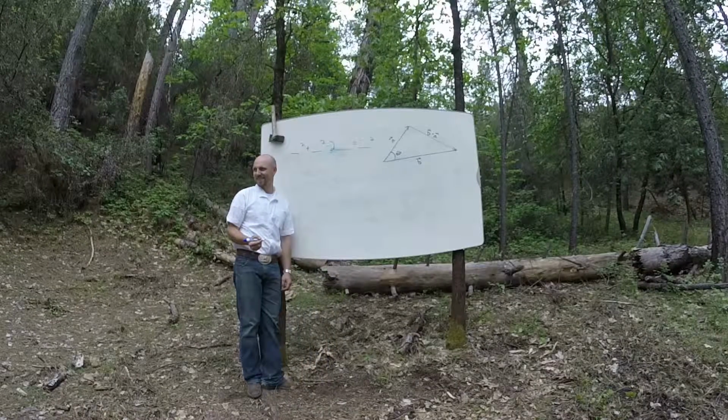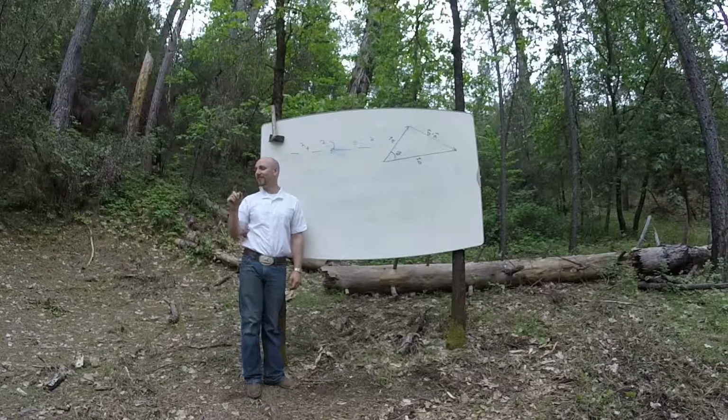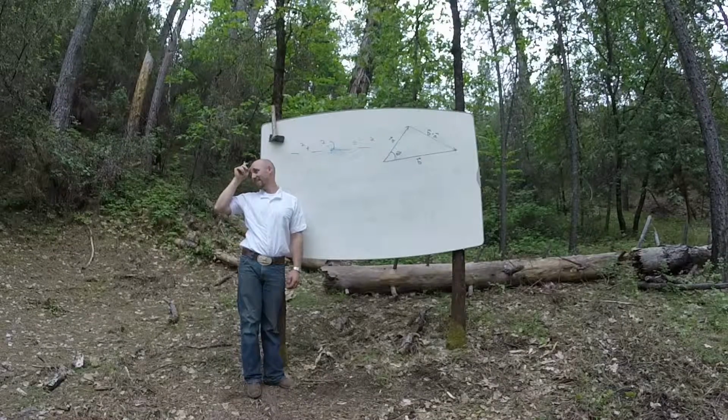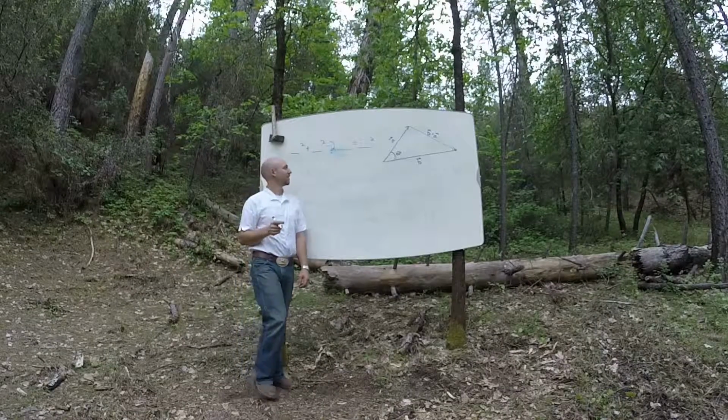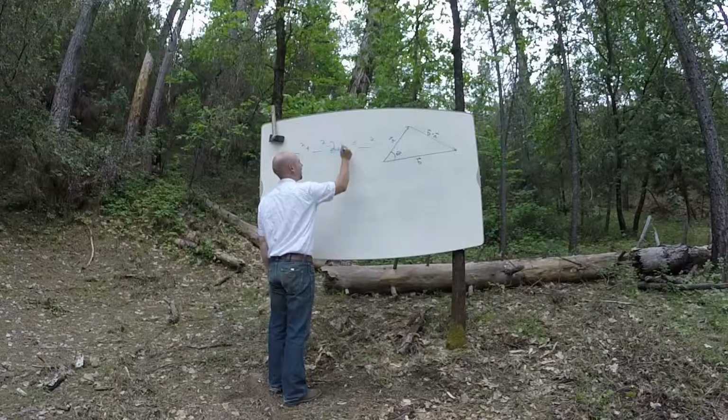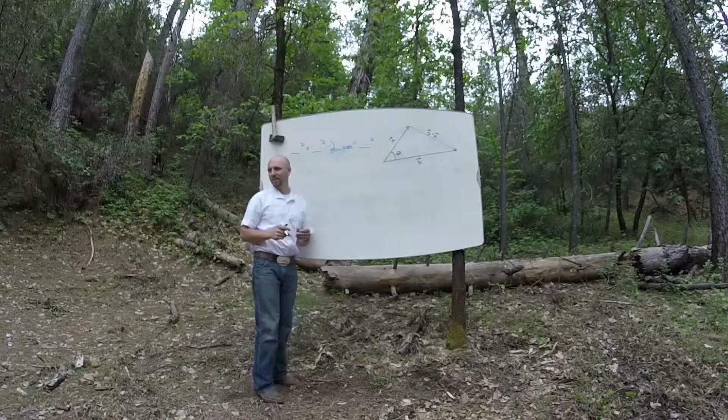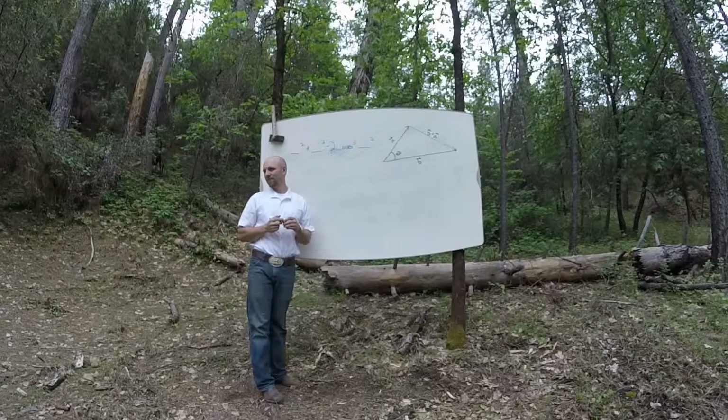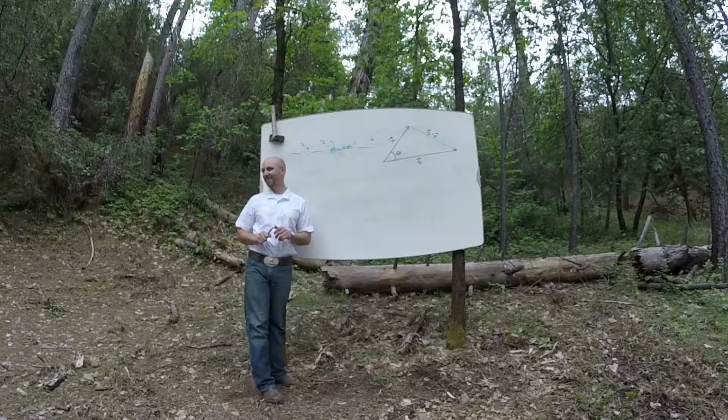It's like the Pythagorean theorem, except it compensates for the fact that it's not a right angle. So this bit here has a cosine of theta in it, and that thing zeroes out because cosine of pi over 2 is zero. So it zeroes out when it's a right triangle.